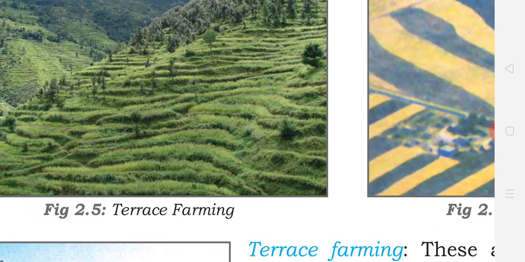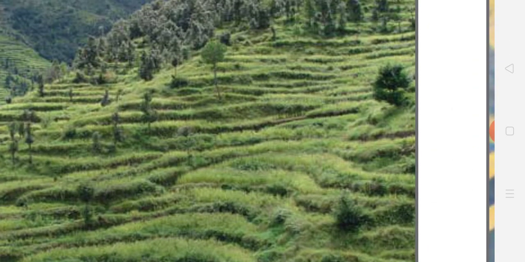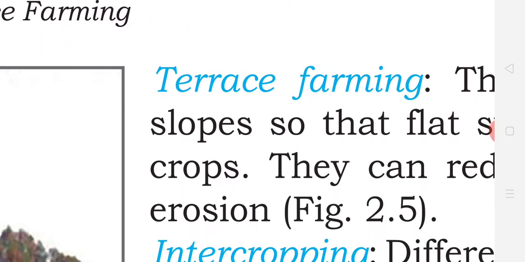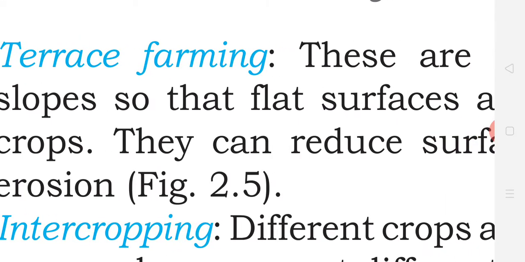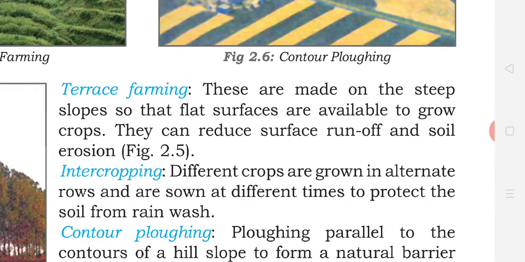Now here you can see the flat surfaces. By cutting the steep slopes, flat surfaces are available. Those flat surfaces are available to grow crops.